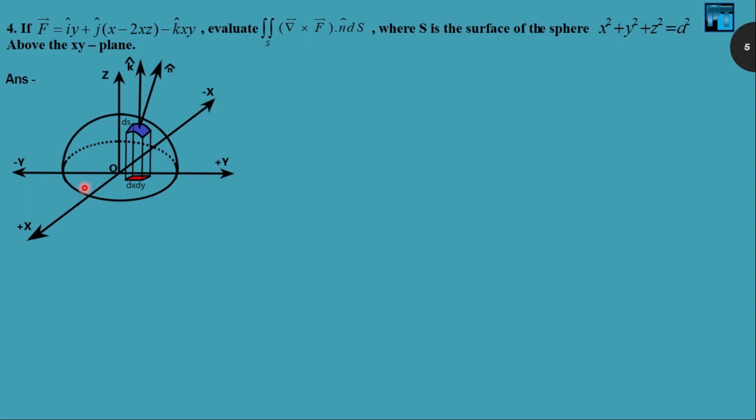Means in the integration by projection, the number of integrations are 4: for first octant, second octant, third octant, and fourth octant. You have to evaluate the integrations separately and then add them for this whole hemisphere. Quite tough.